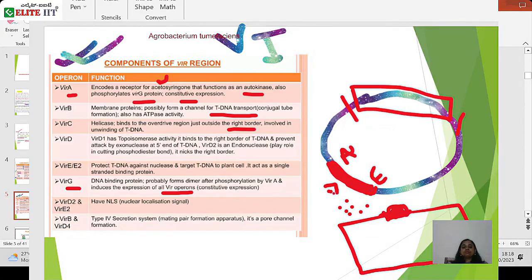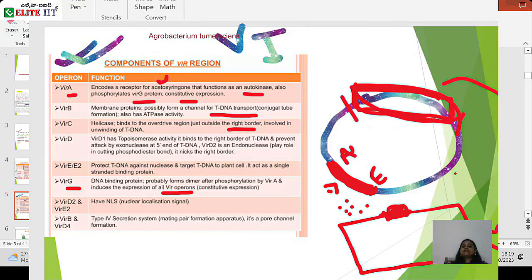Now vir genes are actually involved in the cutting of this T-DNA. T-DNA means the auxin gene is present, cytokinin gene present, and opine gene present. So together, these things form the Ti plasmid. And this fragmented DNA will go inside the plant cell. Not the whole Ti plasmid is entering into the plant cell, only this part will go into the plant cell.